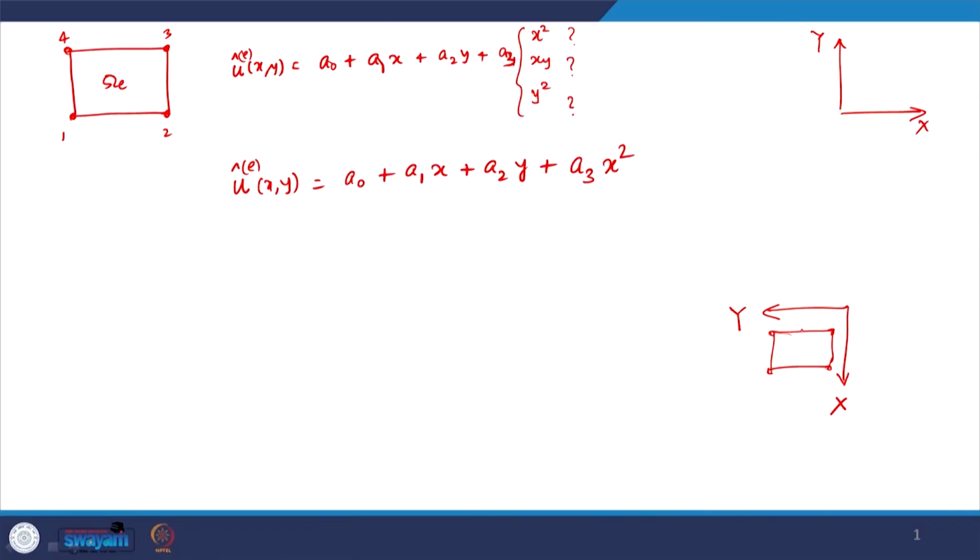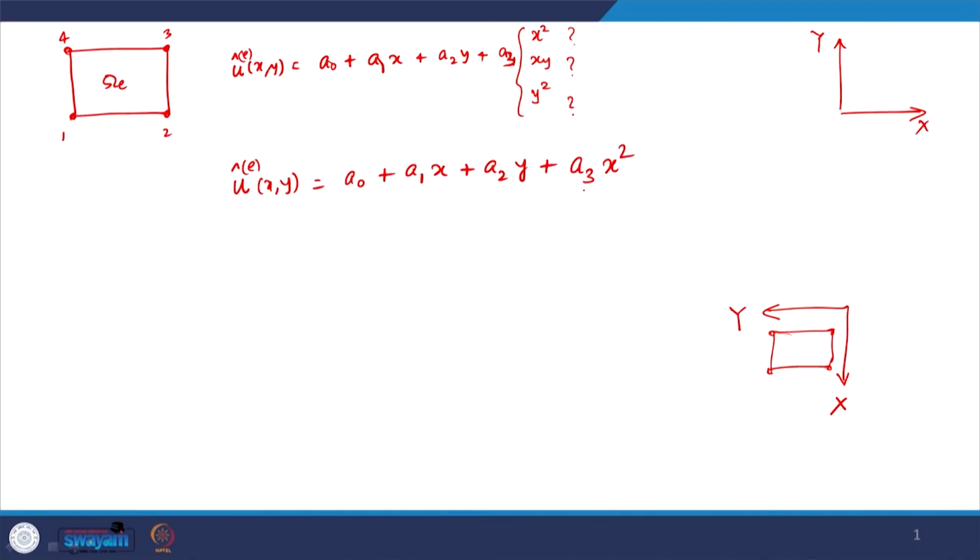Now, what is the problem here? Up to this term, the approximation is symmetric in x and y. So, it really is invariant, whichever way you orient your axes, the results are not going to be affected. But this term here has a preferential direction towards x, the approximation depends on where x is marked.